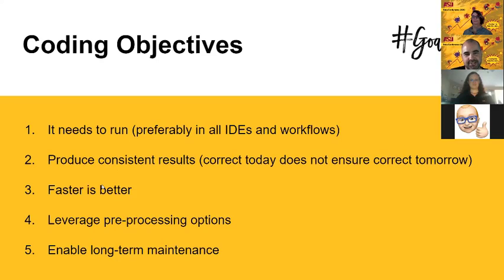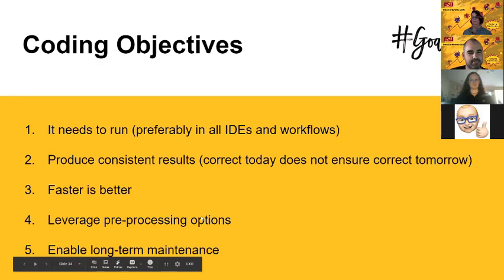Faster is better. So I started to talk about performance, right? The faster you can get that to run, the fewer server resources that are being tied up in order to do it, the lower the impact on everyone else. And the faster you're going to get your results. So that's good too. So you've got everything running pretty quickly, consistently. You can still make it better by doing some pre-processing.